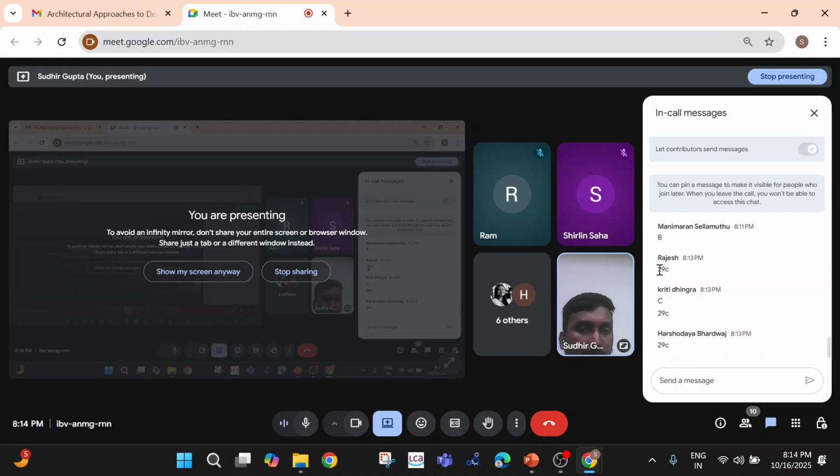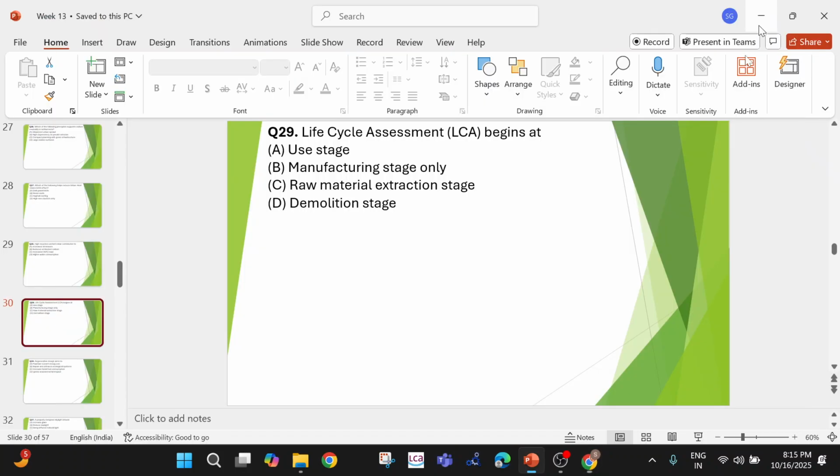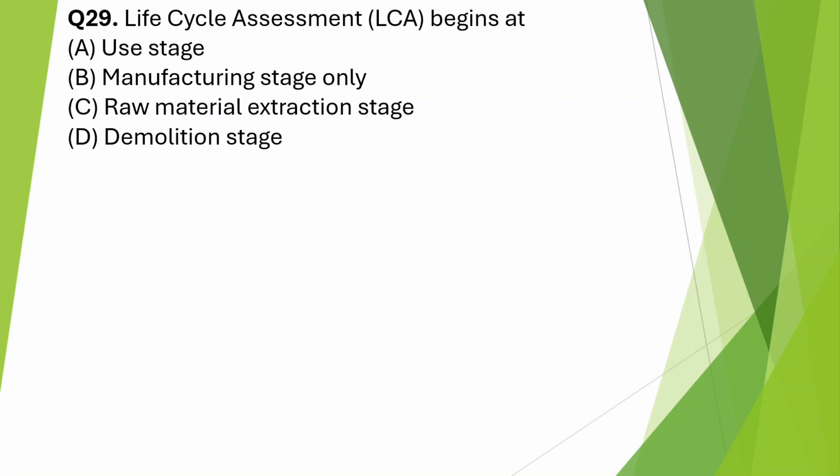So going ahead, as I can see, 29C was voted for by most of you, and all of you who have voted, I should say, are correct, because the life cycle assessment begins at the raw material extraction stage and goes to the demolition stage if it is cradle to grave.